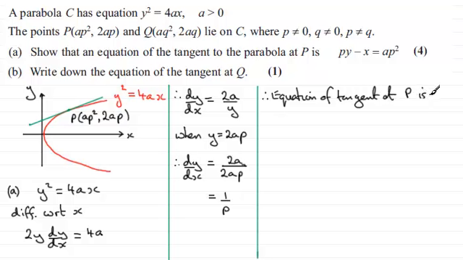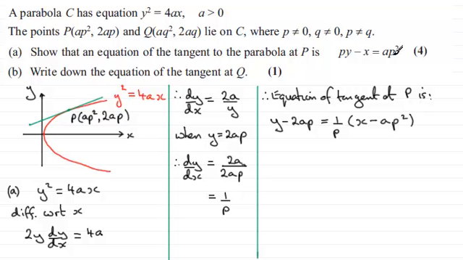is going to take on that form, y minus y1, y1 being the 2ap there, equals the gradient, which we've just seen is 1 over p, multiplied by x minus x1, so x1 is the ap squared.